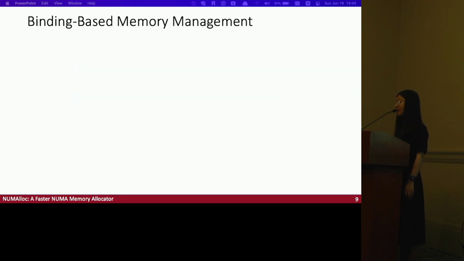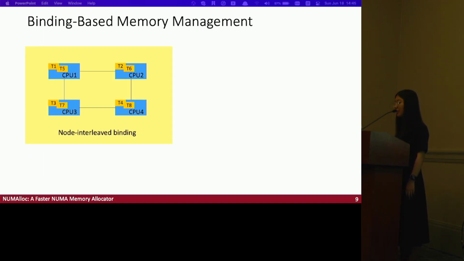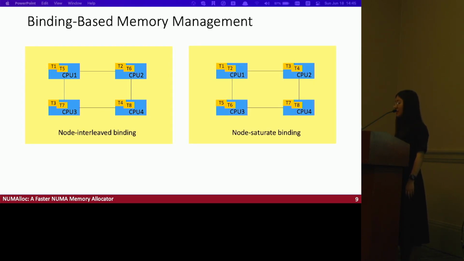For thread binding, NUMAlloc currently supports two types of binding. First, node interleaved binding, which means to bind consecutive threads to different nodes in an interleaved way so that each node will have a similar number of threads. Second, node saturated binding, which will bind a sufficient number of threads to a node before binding to a new node.